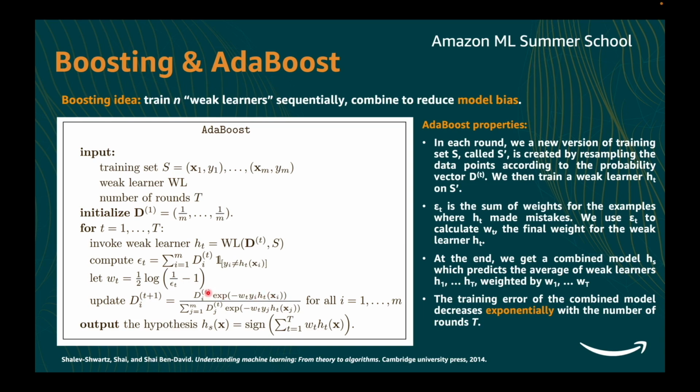And you multiply that by the existing probability score, and you do this for each of the m data points. You multiply each of them by this term, then take the sum of them, and divide each of the probability scores weighted by that term. So that way you get the new value of your probability score, right?